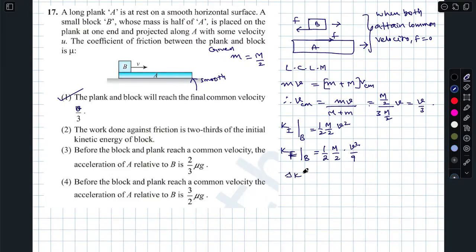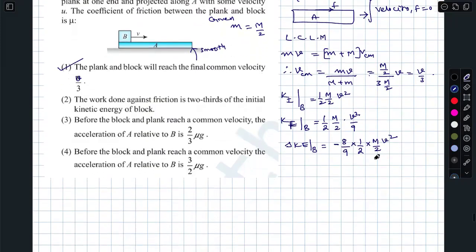So the change in kinetic energy of B is minus 8 by 9 times half times m by 2 v square.